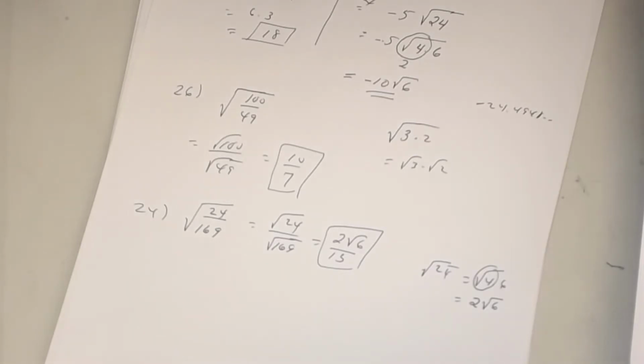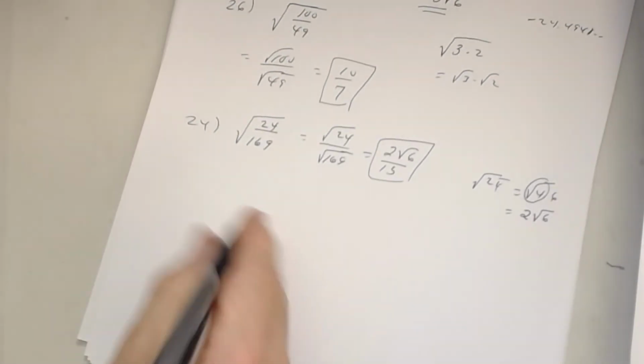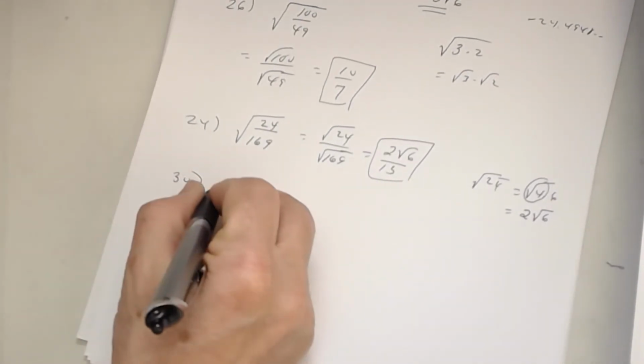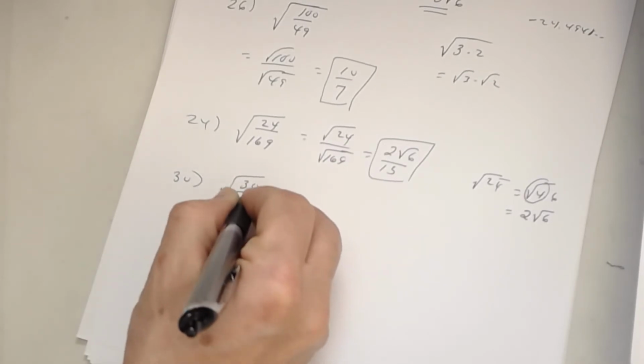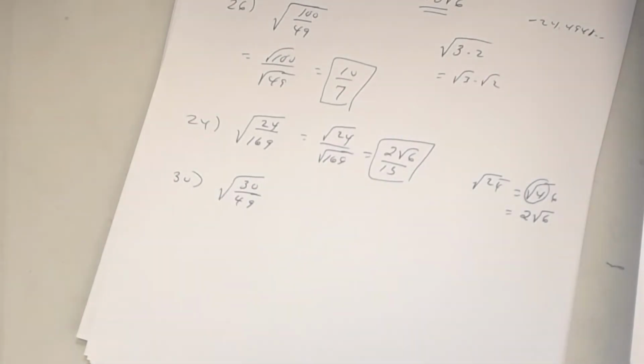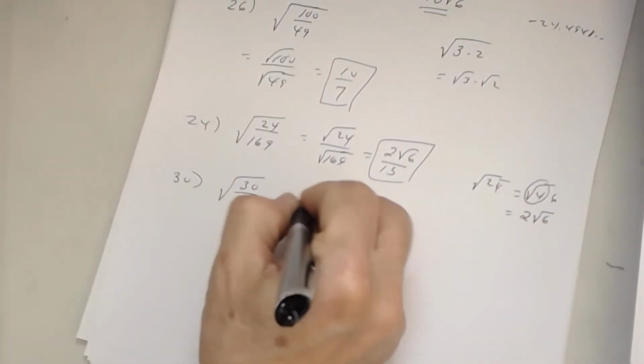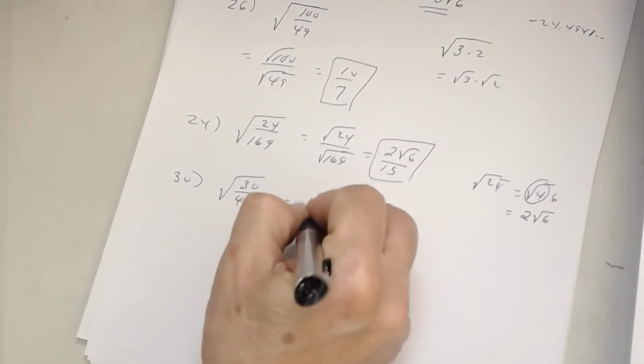All right. Number 30. The square root of 30 divided by 49. Break it down. Square root of 30 divided by what? Square root of 49, right?